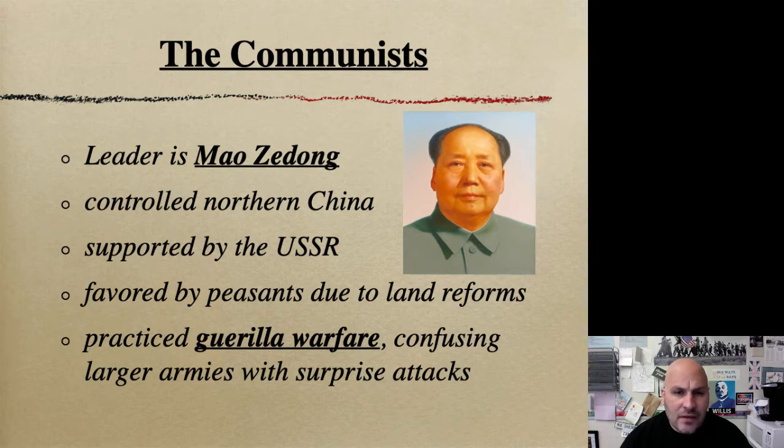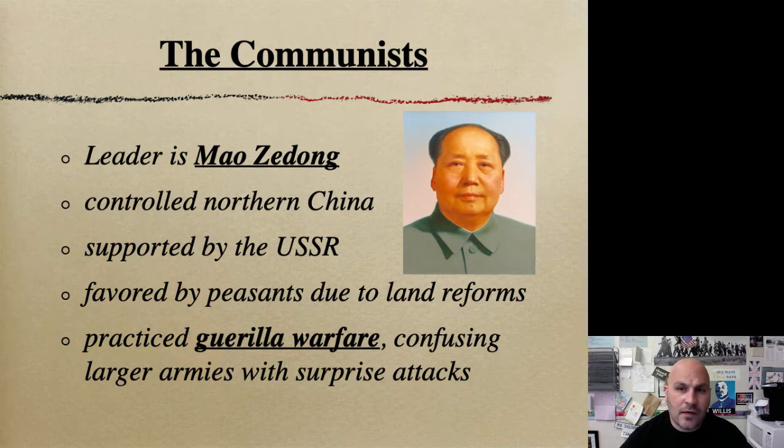Basically, what guerrilla warfare is: if you're not a superior force, you have to use some sort of surprise tactics, or you have to be able to be effective in smaller forces to combat a larger force. That's how you get them frustrated, by committing these guerrilla tactics that will be effective in fighting against a much more superior force. So that's our communist side.